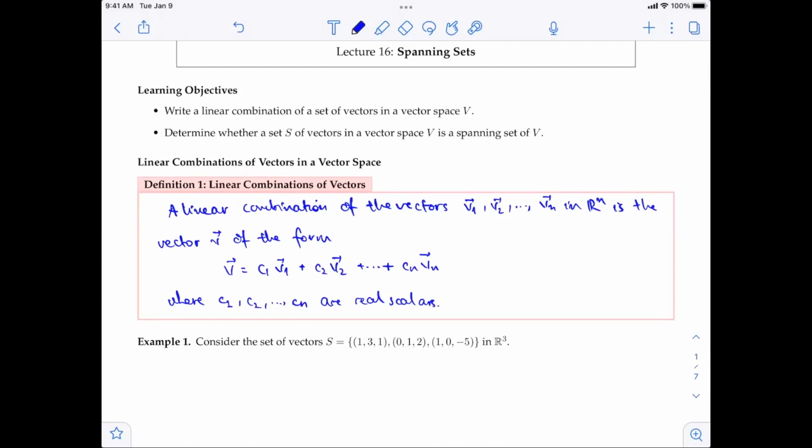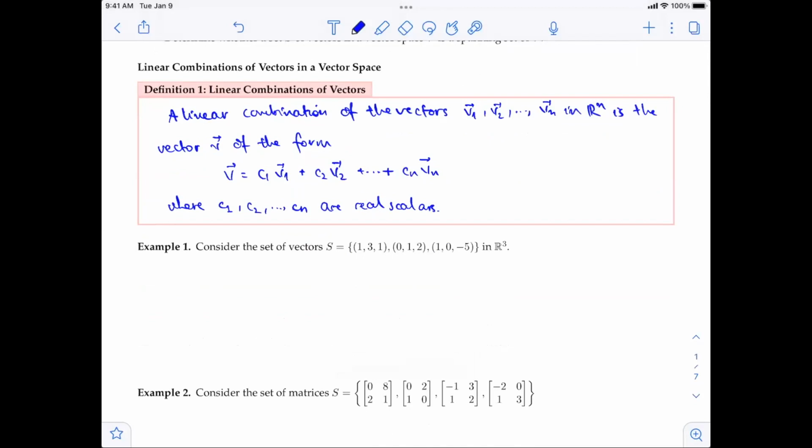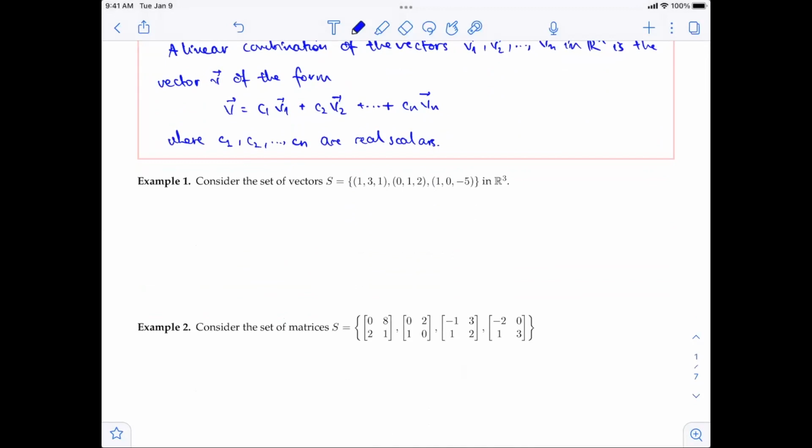In other words, you say that v is written as a linear combination of v1, v2, ..., vn if there exist real scalars, or real coefficients, c1, c2 up to cn. All right. So for the following example, we consider the set of vectors (1, 3, 1), (0, 1, 2), (1, 0, -5) in R3.